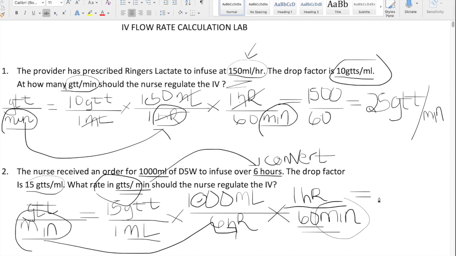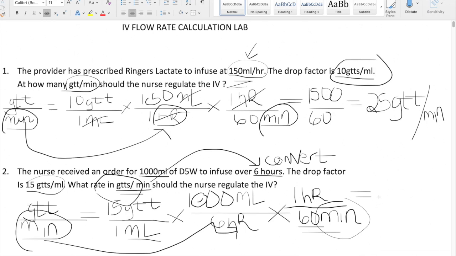After I have times the whole top part, which is going to be 15 times 1,000 times 1, and I times the 6 times the 60, and I divide that, I get 41.66, and I'm going to round that off exactly to the nearest whole number. And my answer is going to be 42.